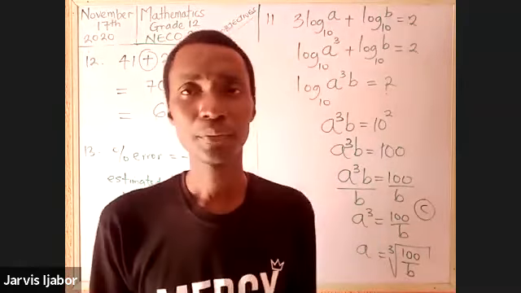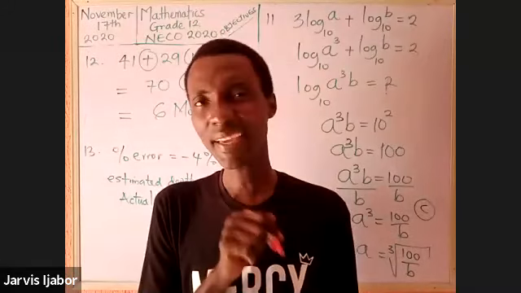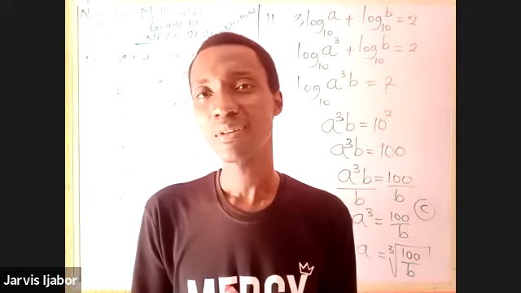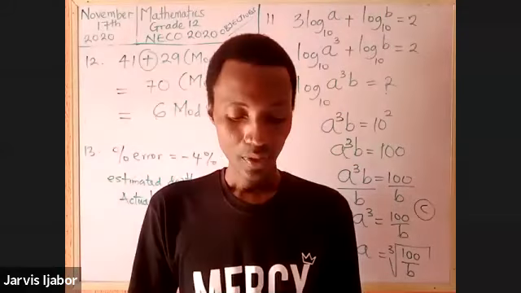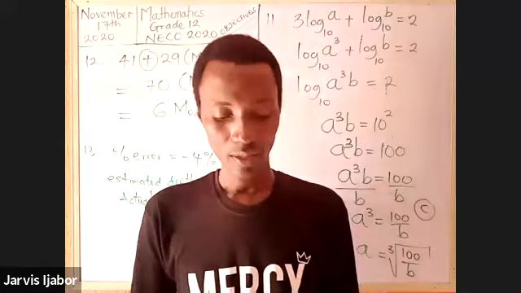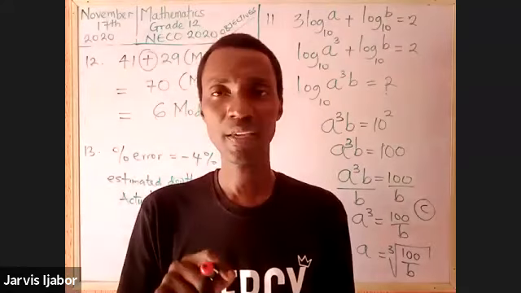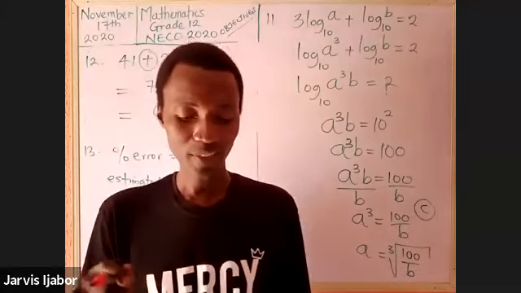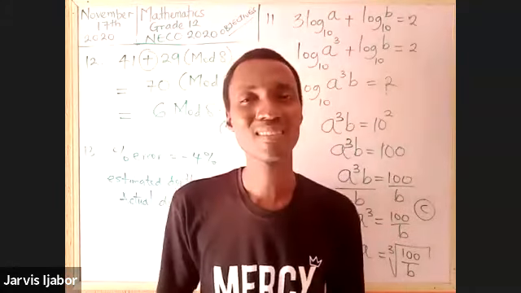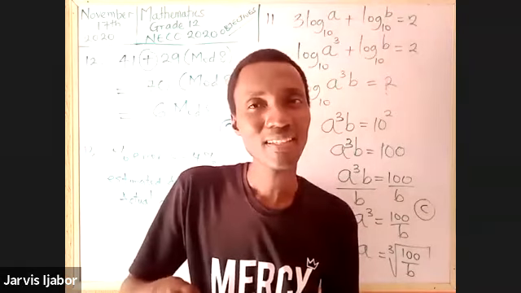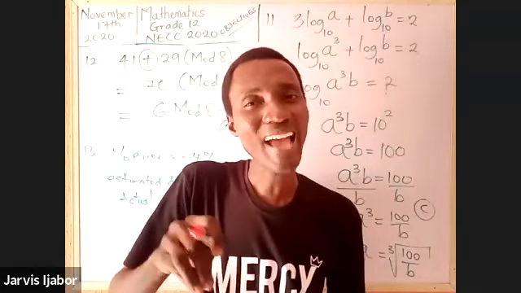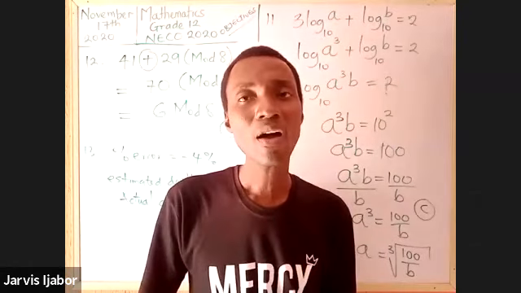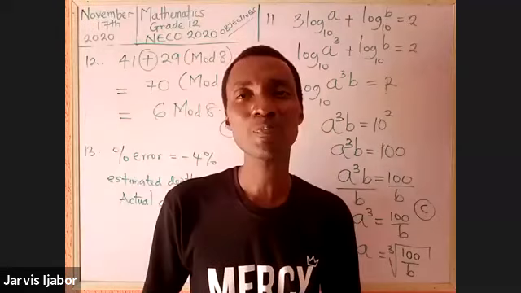Now, the percentage error is negative 4%. What does that suggest to you? For instance, it was estimated to be 2.6. So what is the actual? The error is measured with respect to the actual.